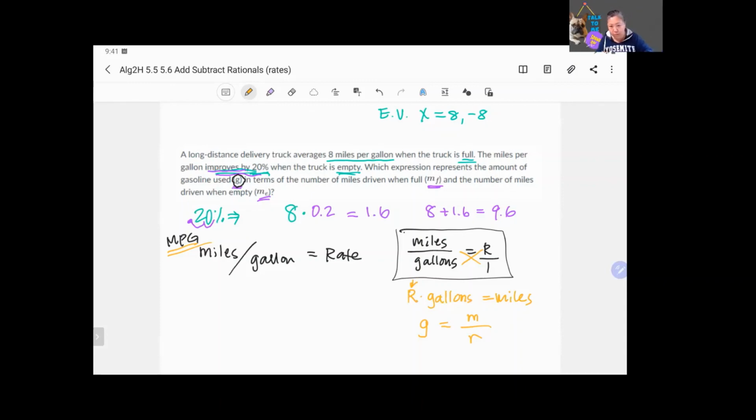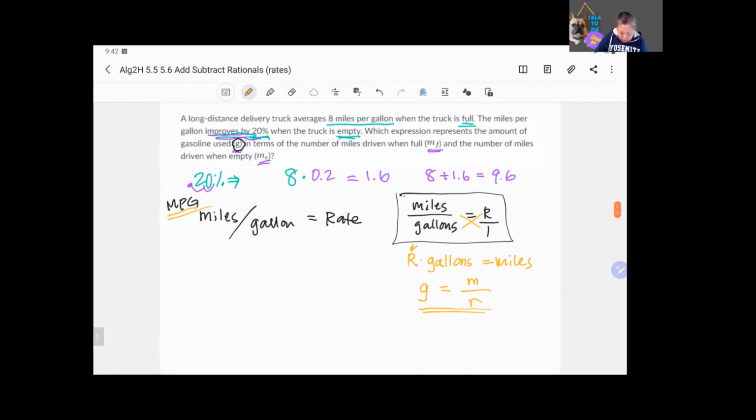So I rewrote the given formula with the number of gallons isolated. Gallons can be calculated from the miles it can go, divided by the given rate. Okay, so this is the basic model.